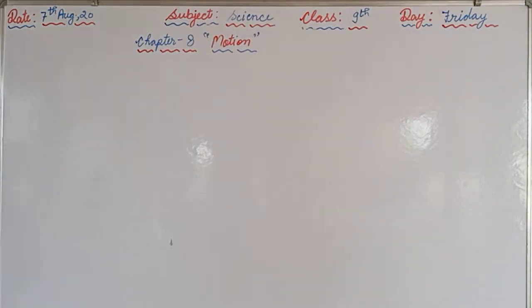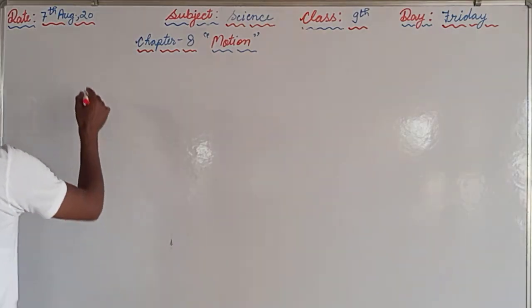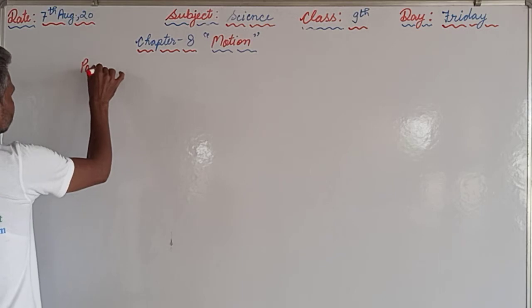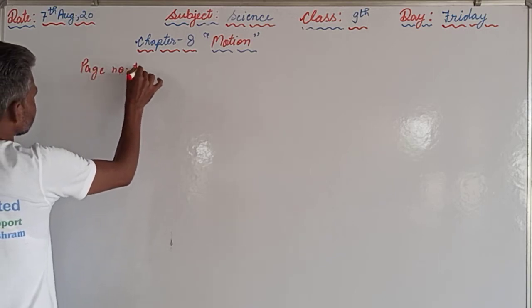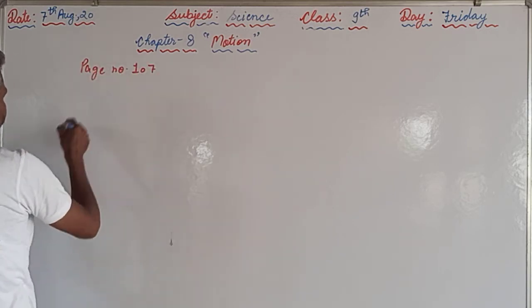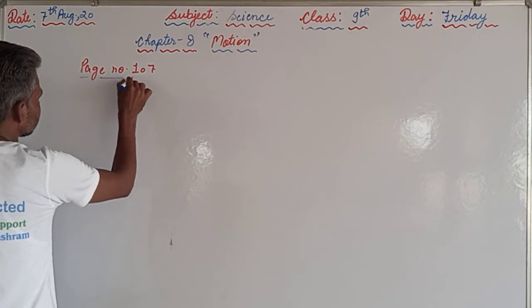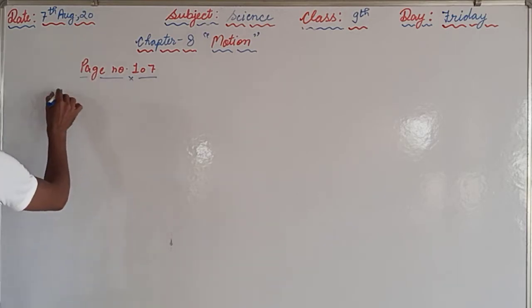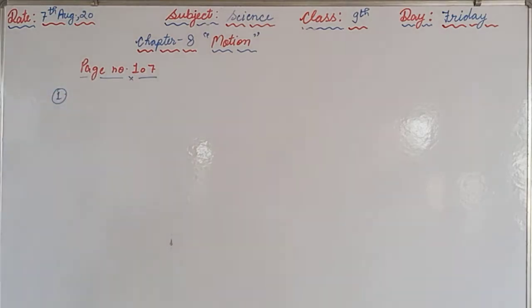On page number 107, question number 1 is given. The question is: what is the nature of the distance time graph for uniform motion and non-uniform motion?